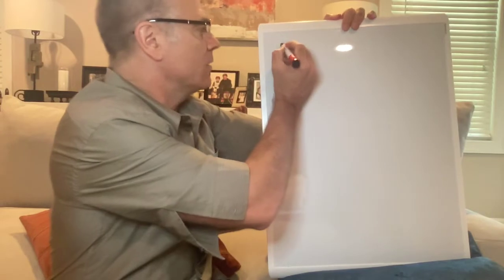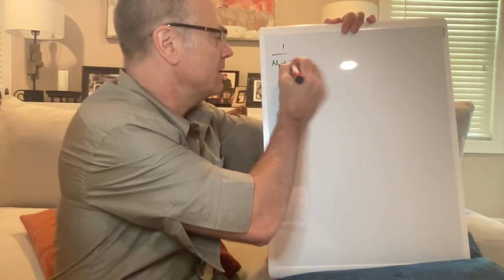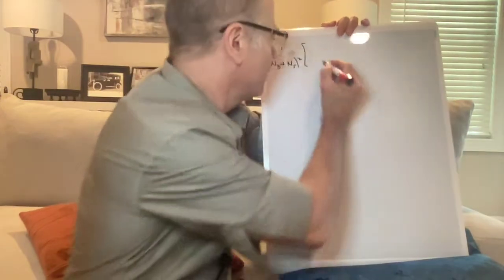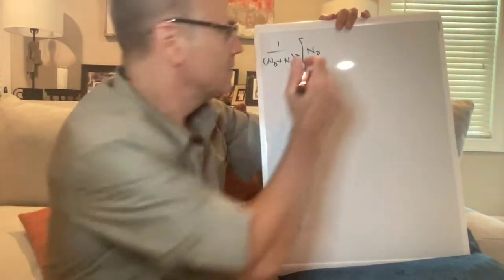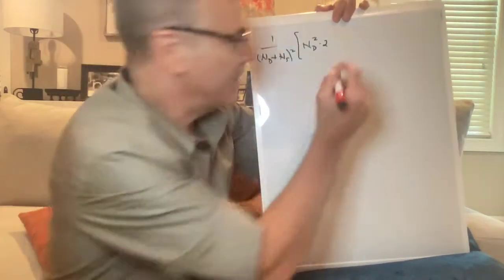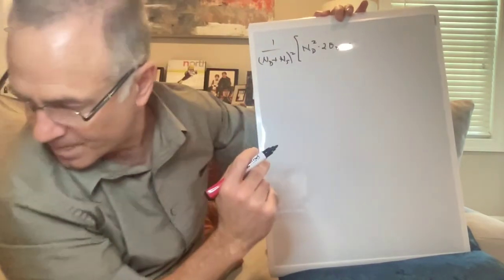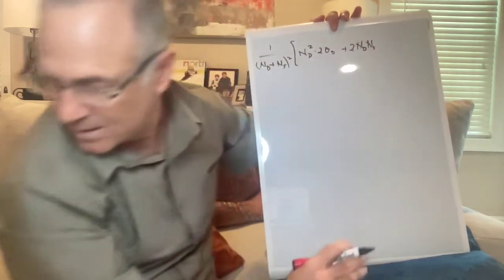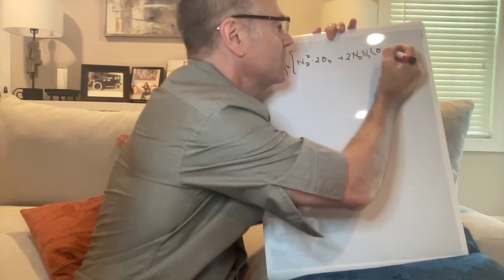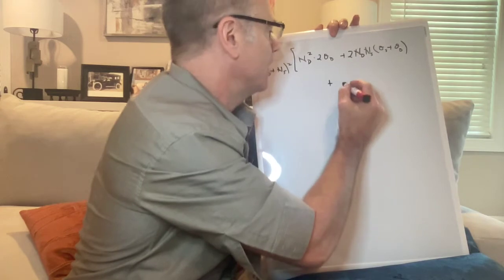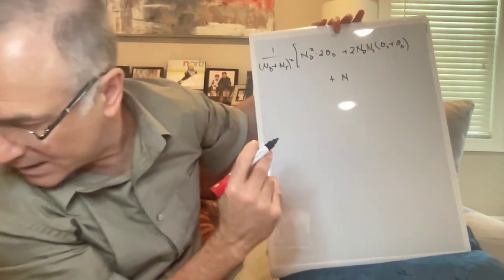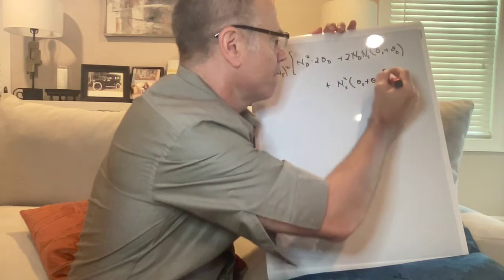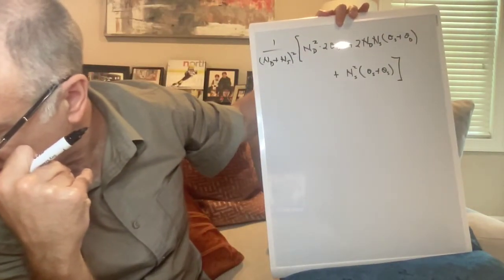Okay, first you get 1 over (ND plus NS) squared times ND squared times 2 theta D, plus 2 NDNS times (theta S plus theta D), plus NS squared theta S plus theta S. Okay, theta S plus theta S.